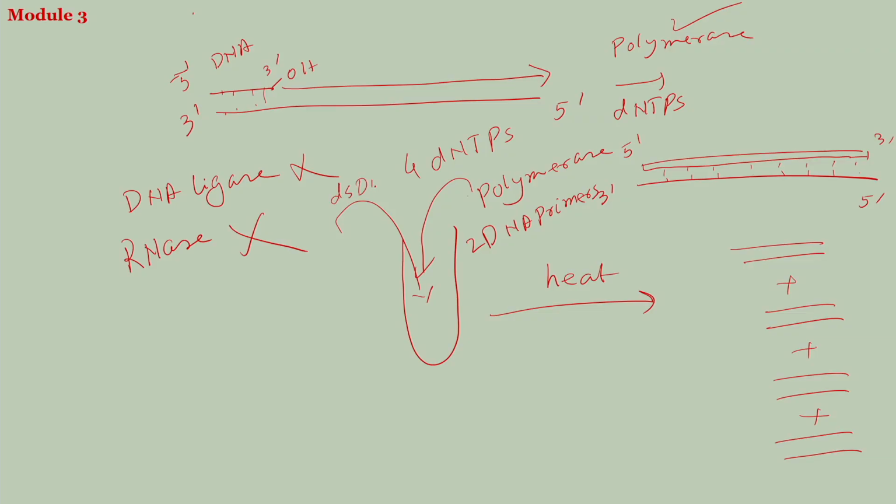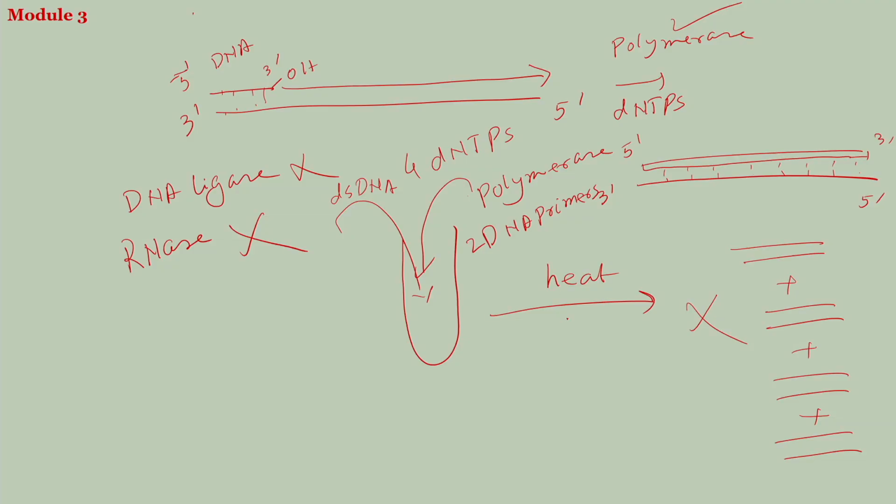Now, there is still a problem. Do you see the problem? If you use all the four dNTPs, the DNA primers, the polymerase, and you have your target double stranded DNA, actually still you are not going to get your amplified stuff. Why? There is a key problem.